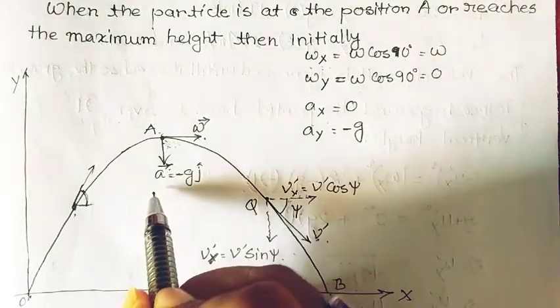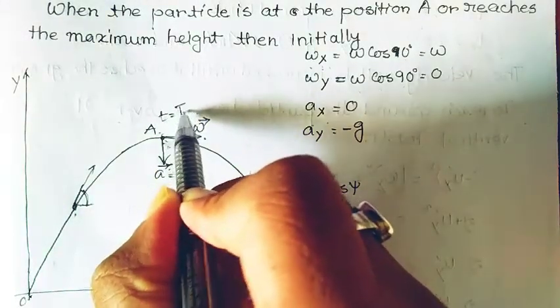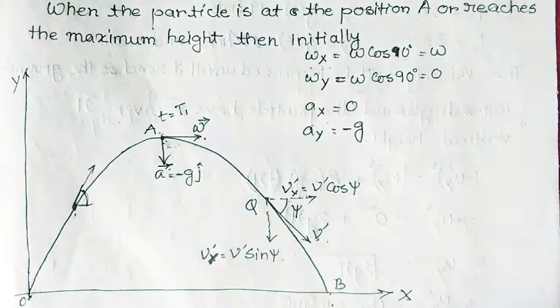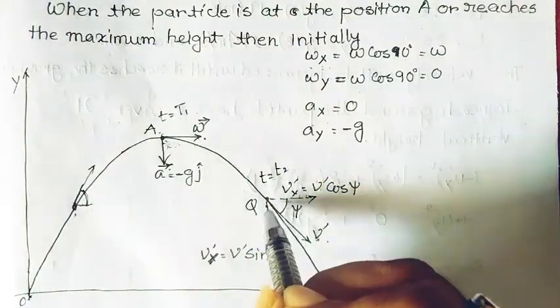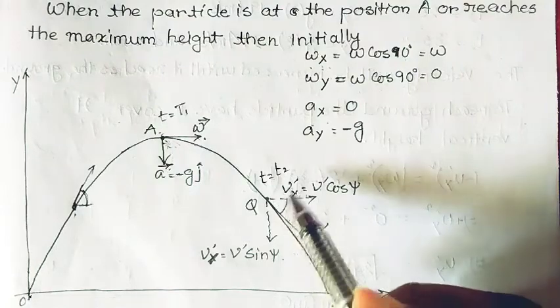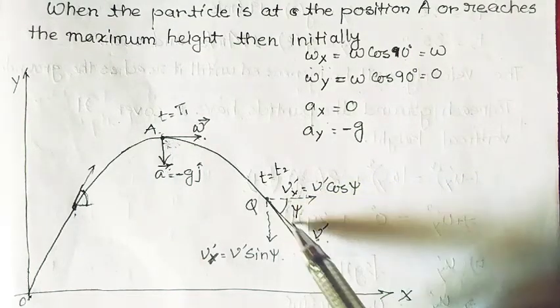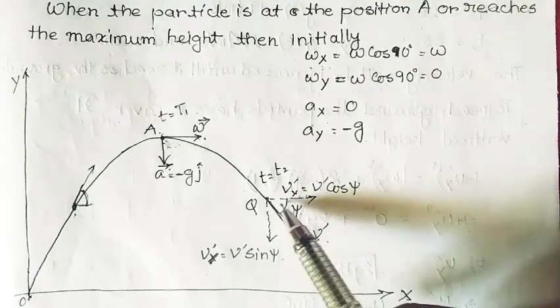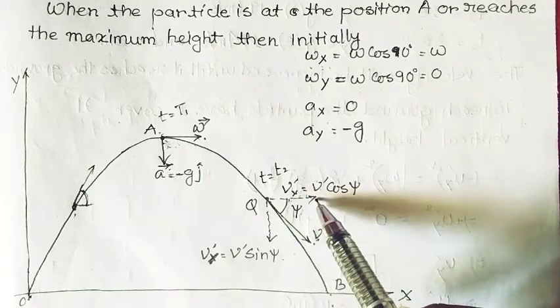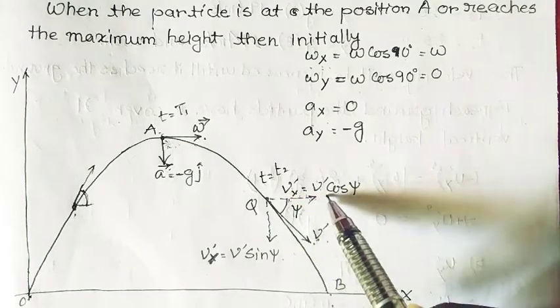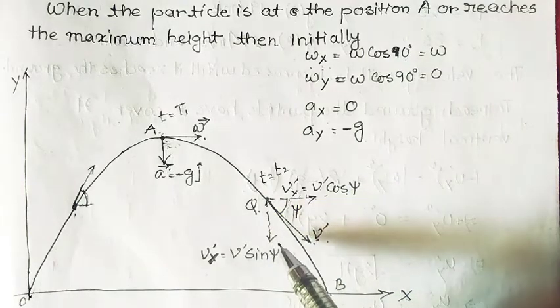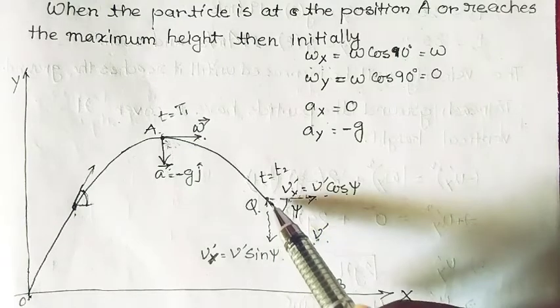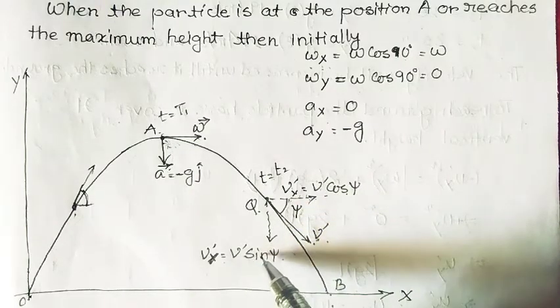When the particle is at this point, let us say it is t equal to capital T1, the time of passage, the particle reaches this point capital A. Let us say at t equal to small t2 the particle will reach the point Q. At that time, if I draw a tangent at the point Q, that will be V prime, and this V prime makes an angle phi with the horizontal axis, so V prime x is V prime cos phi, and along the y direction the component of V prime is V prime y equal to V prime sin phi.